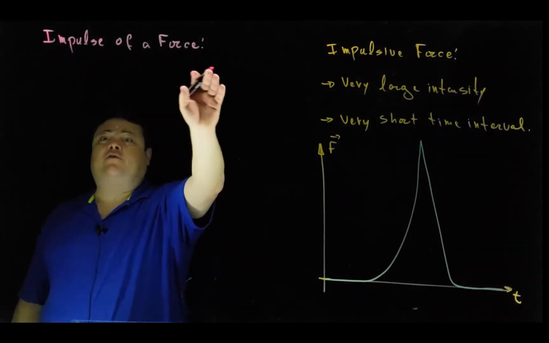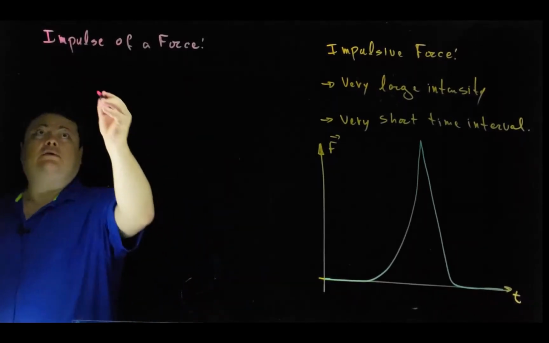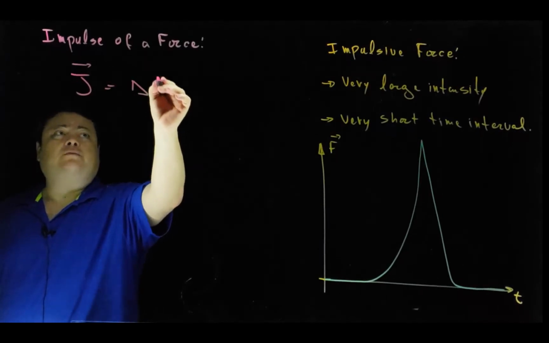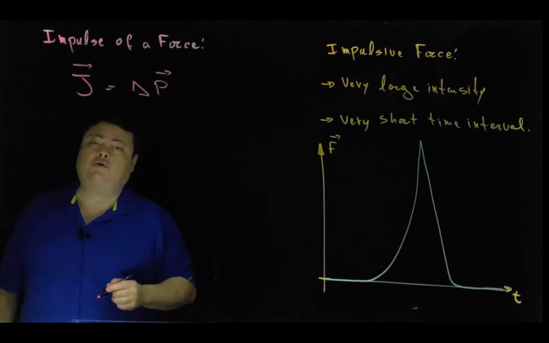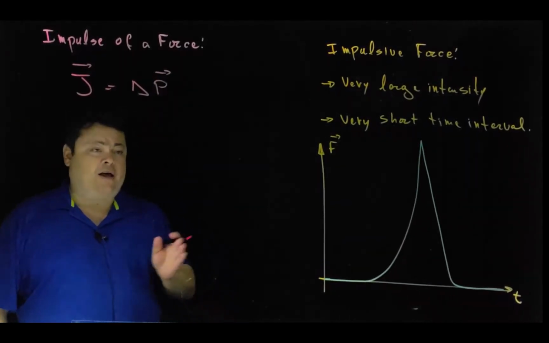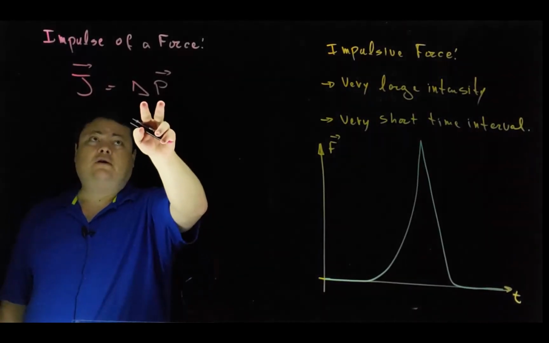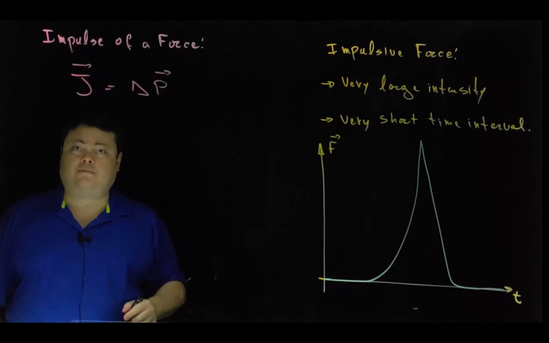Well, the impulse of a force is by definition the change in momentum of an object. Okay, so if I'm applying a force on an object, the impulse of that force is going to be the change in momentum of that object.